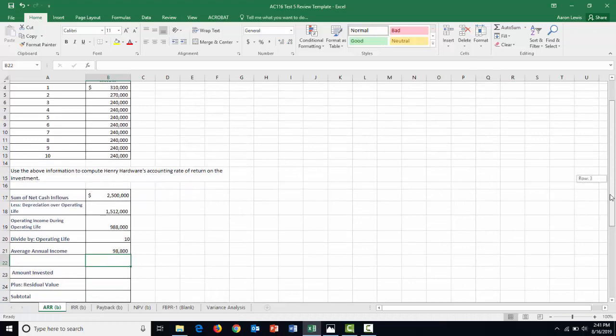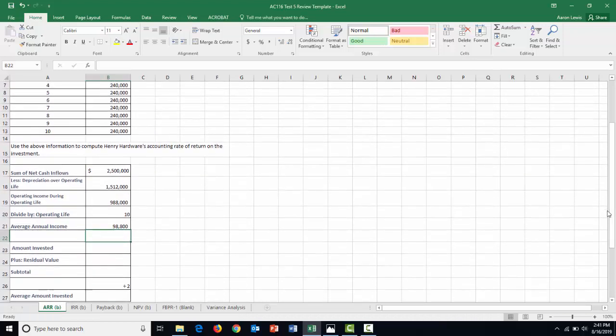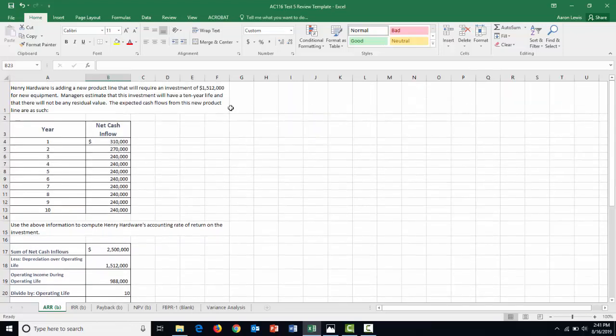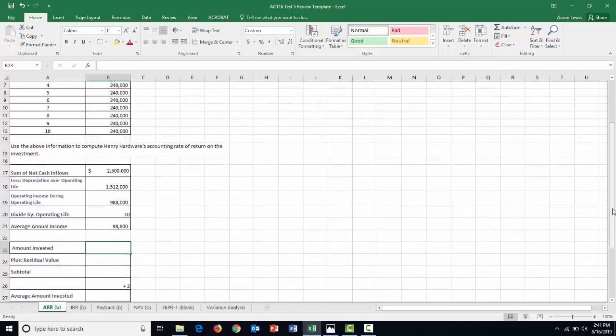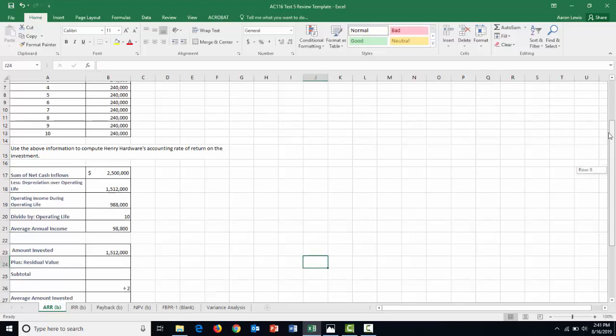Next up, we have to figure out what our average amount invested is. So our amount invested is how much we put into this project at the beginning of its tenure, and our information tells us that it's going to require an investment of $1,512,000, so that is our amount invested. Let's type that in, and we're going to add to that our residual value.